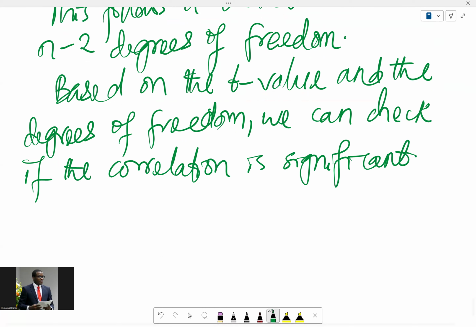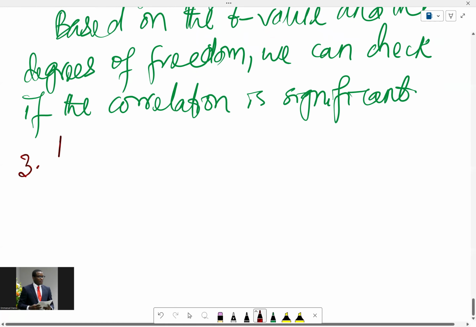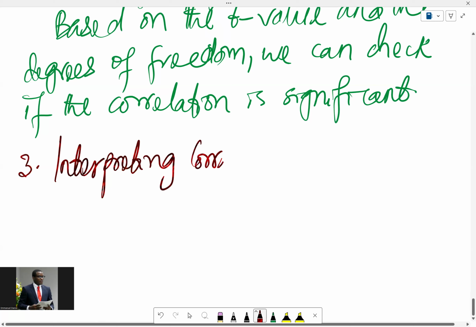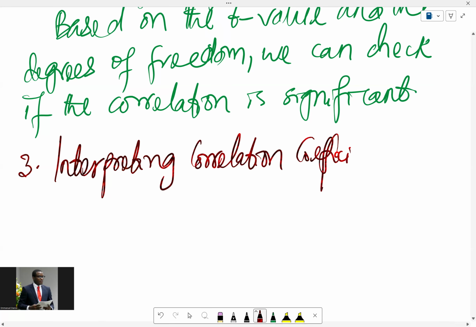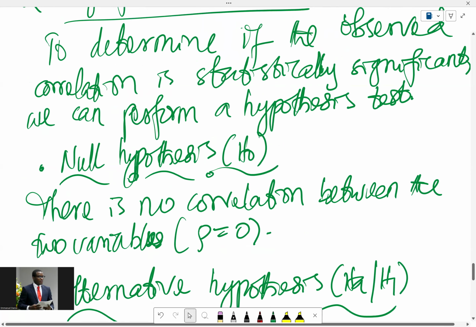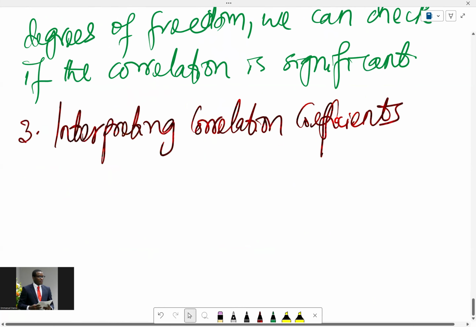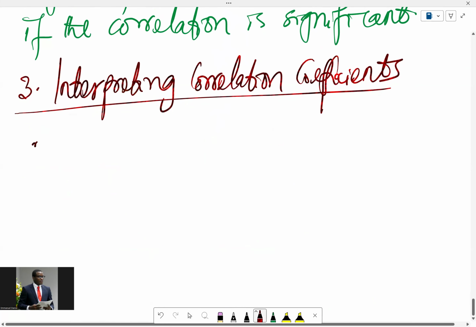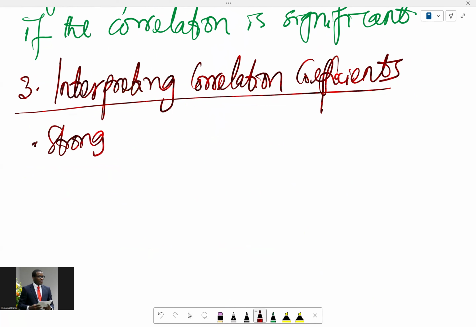Right? So let's talk about how to interpret correlation coefficients. First we can have strong correlation.